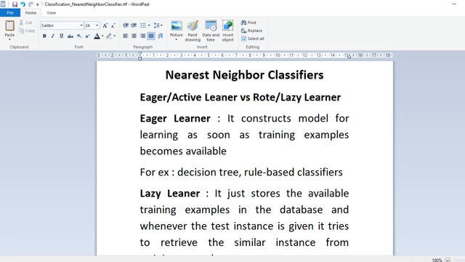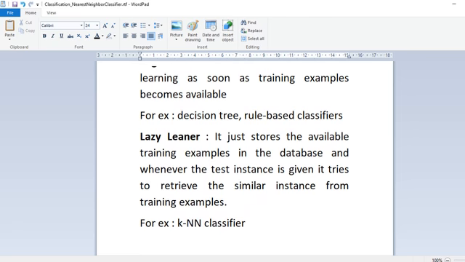But in case of lazy learner, it just stores the available training examples in the database or any file, and whenever the test instance or the query instance is given, it tries to retrieve the similar instance from the training examples. It does not construct the explicit model.